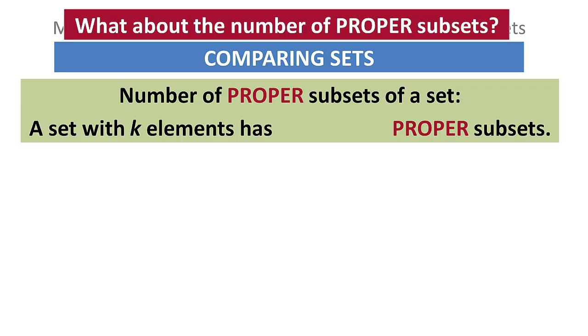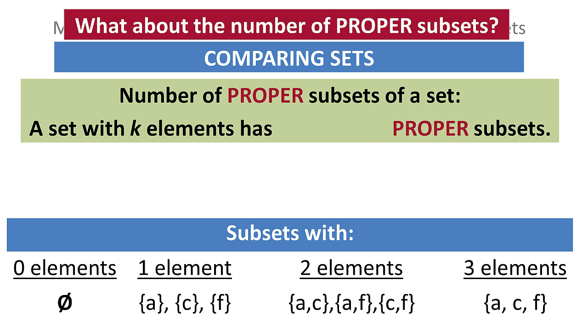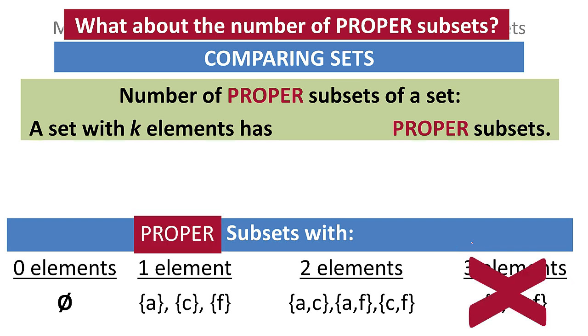So we know how to count the number of subsets, but what if we're interested in the number of proper subsets? Remember, for a proper subset, you can't include the set itself. So if you're asked about subsets, it's 2 to the k for a set with k elements. But if you're asked about proper subsets, you cannot count the set itself, so it goes down by 1.